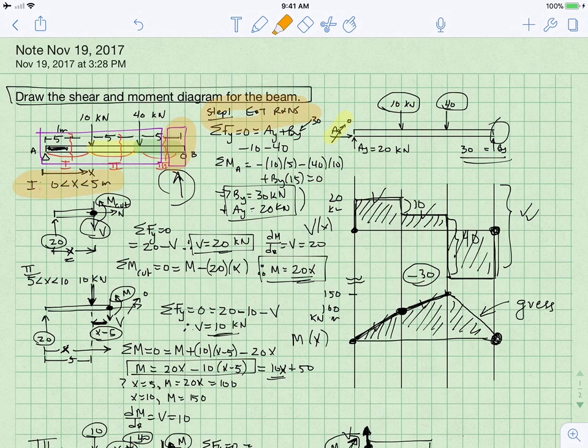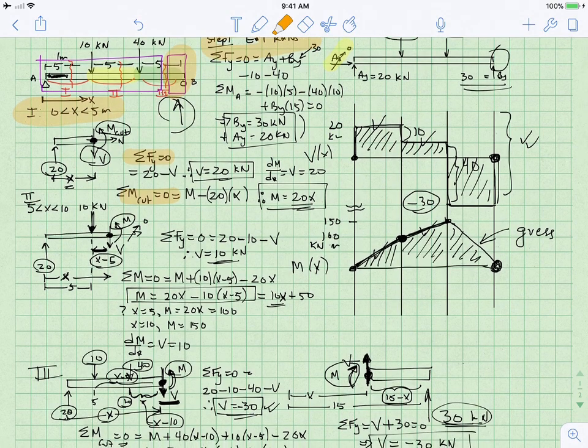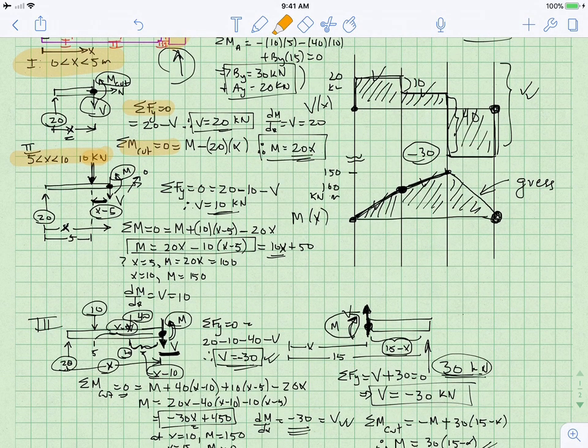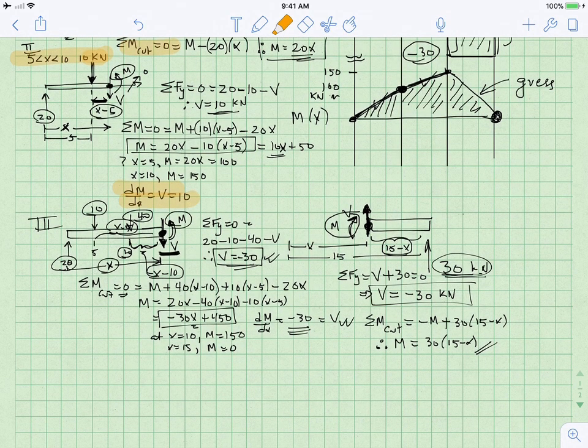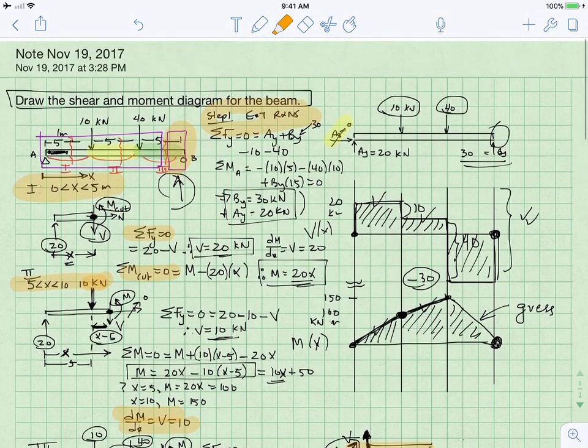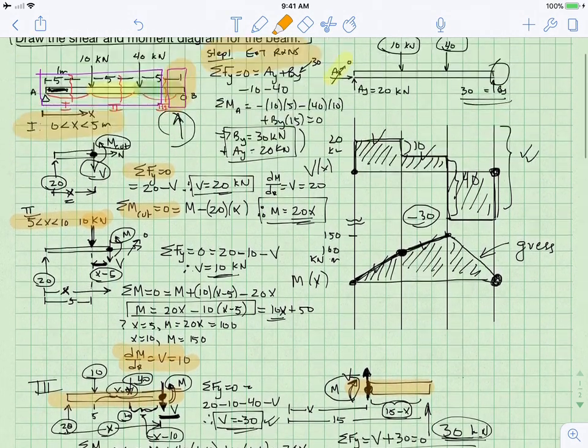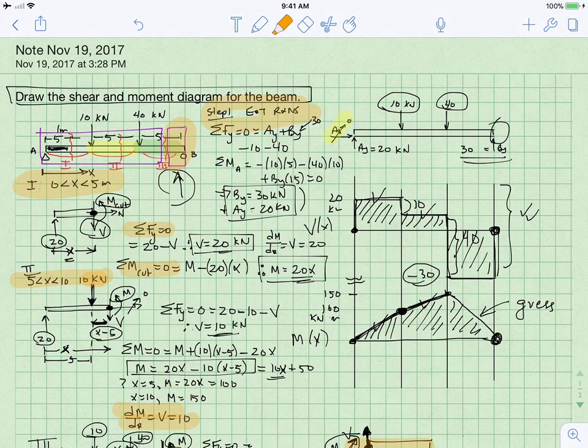Then you break the beam up into pieces, you carefully write the equations of equilibrium, you go on to the next segment, you write the equations of equilibrium, you check that dM/dx equals shear, and remember, you can think about the left-hand side of the beam or the right-hand side of the beam. All right, so that concludes this somewhat simple problem. I'm going to post a second problem that adds a distributed load, but make sure you understand how to do this before trying the more complicated problem.